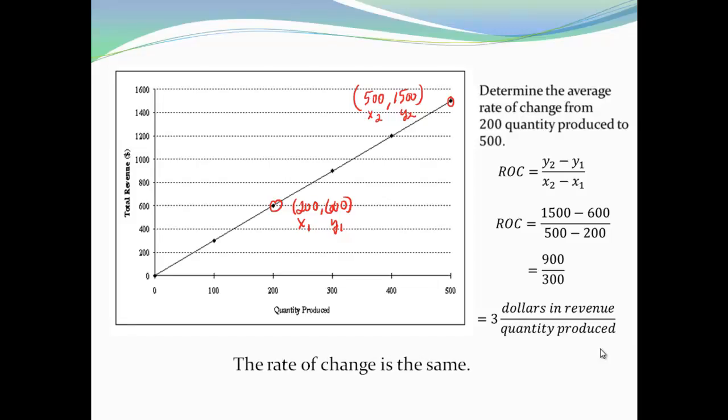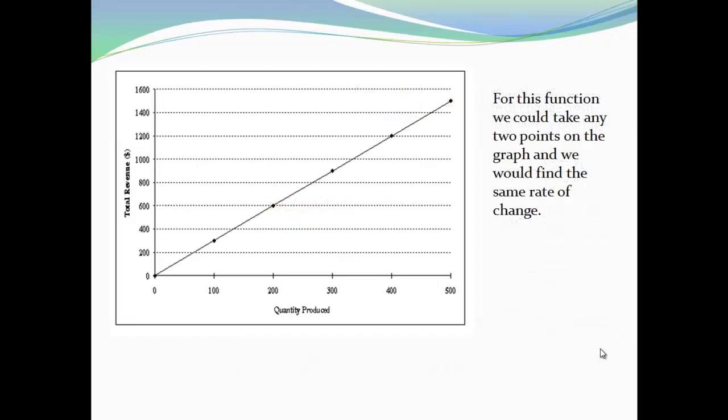So I can see here that in my two examples, the rate of change is the same. For this function, we could take any 2 points on the graph and we would find the rate of change to be the same. It would be 3, which represents $3 of revenue per quantity produced.